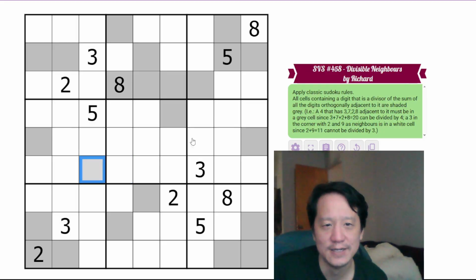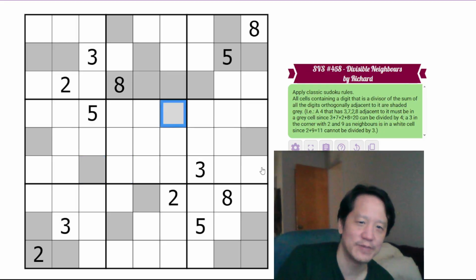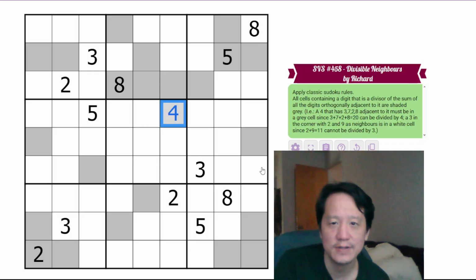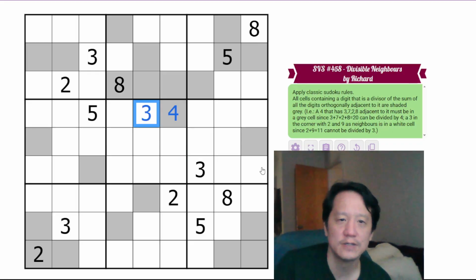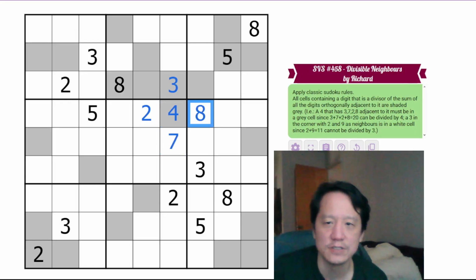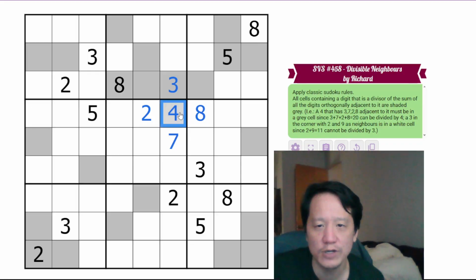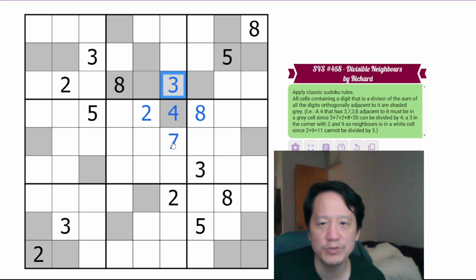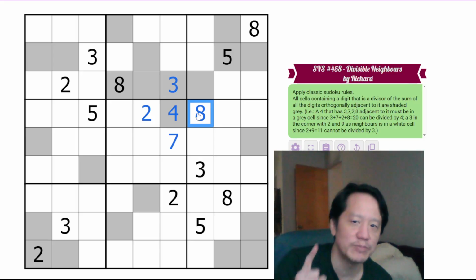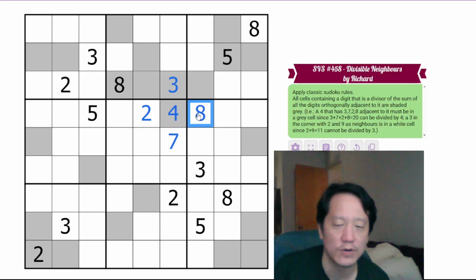Dang it, I'm trying to find a possible example. Okay, say it's a 4 here, which has a 3, a 2, a 7, and an 8 adjacent to it. It must be in a gray cell, since 3 plus 7 plus 2 plus 8 equals 20 and can be divided by 4.